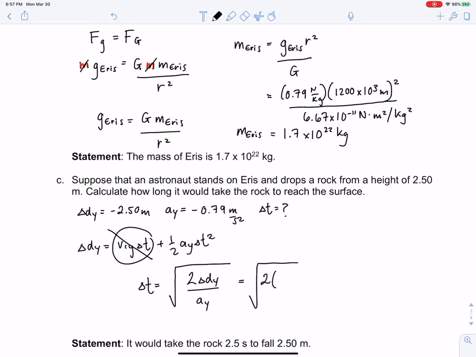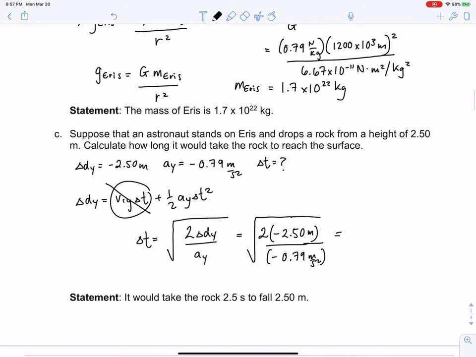That's 2 times negative 2.50 meters divided by negative 0.79 meters per second squared. Hopefully what we have underneath our square root is a positive number, because we can't take the square root of a negative number. If you punch this into your calculator, you should end up with 2.5 seconds. Therefore, it would take the rock 2.5 seconds to fall 2.50 meters.